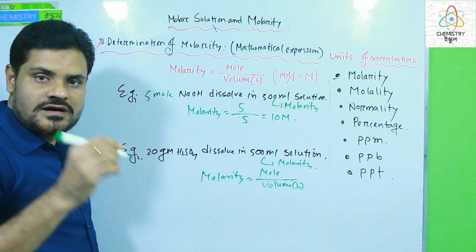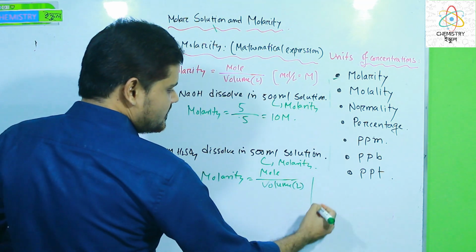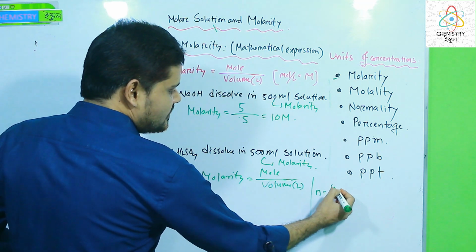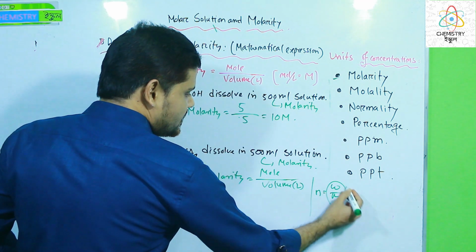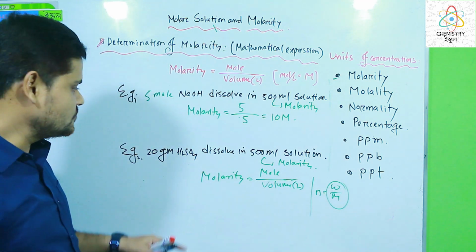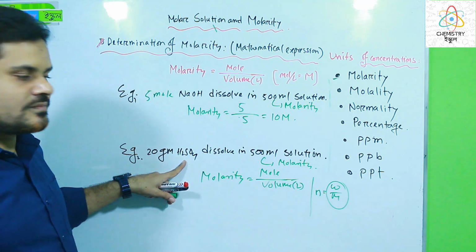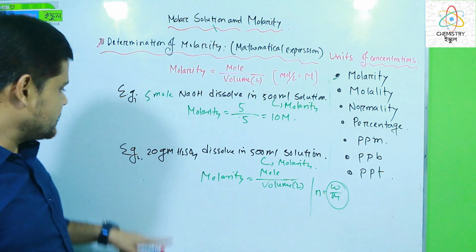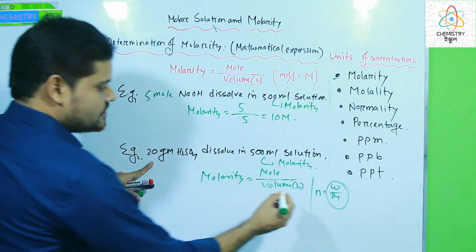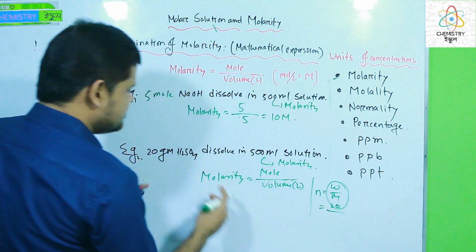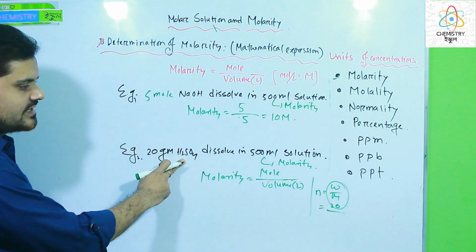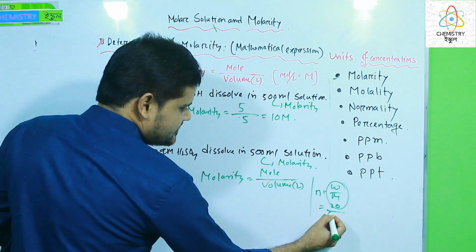And we have an equation to find out the mole, dear learners. Mole n means W by M. When we divide the amount of the solute by its molecular mass, then it will be the mole. So here the amount of the solute is 20, and as it is sulfuric acid, the molecular mass is 98.